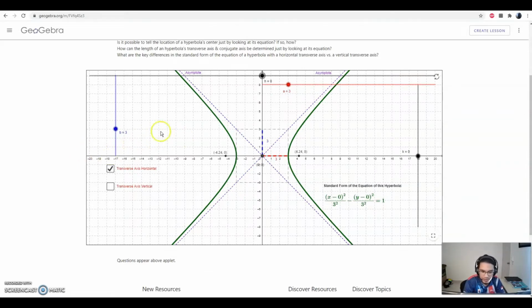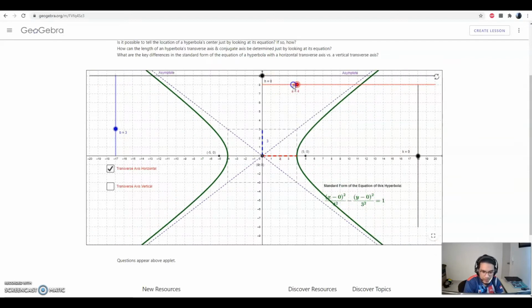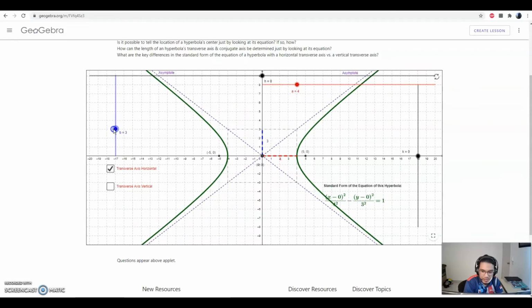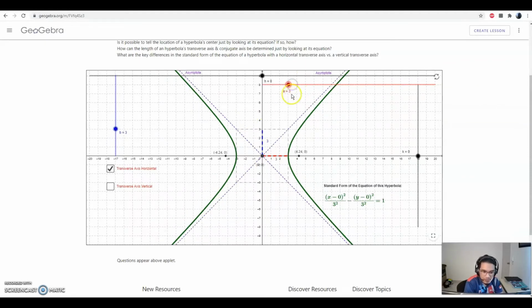Now let's refer to this website, GeoGebra. Here I have a slider to change the length of a, and here I have a place to change the length of b. Firstly I want to set a equal to 3 and the length of b also equal to 3. The vertex of my hyperbola depends on the position of a.